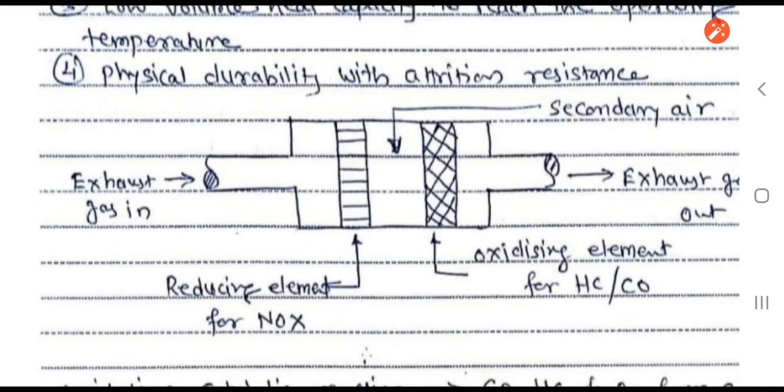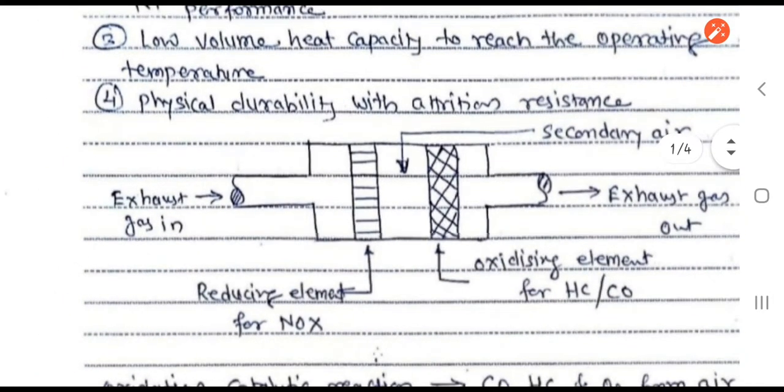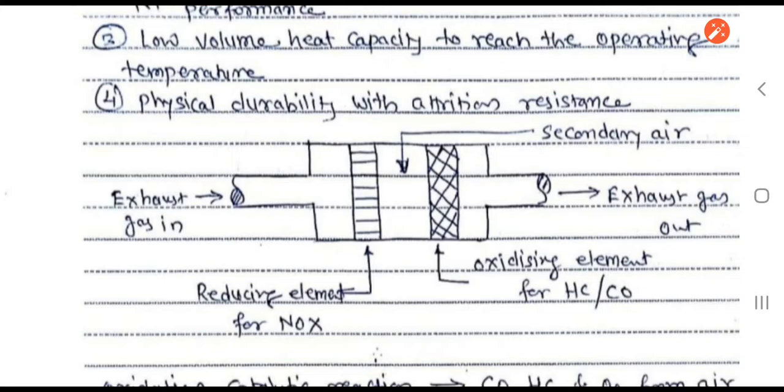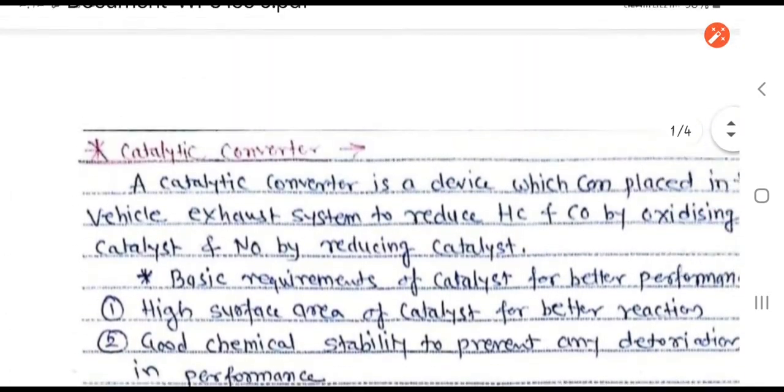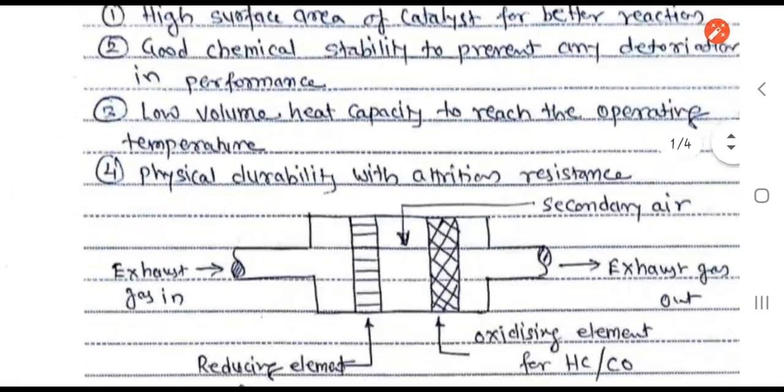In this way we are able to reduce NOx as well as oxidize hydrocarbons and carbon monoxide. This way we can reduce the pollutants. This is one kind of device, and that is called a catalytic converter.